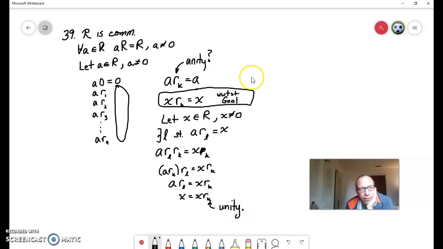Once we have that, it's actually fairly straightforward since we have this situation happening for every element in the ring. So if we take an arbitrary element, let's say y be an element of the ring. We could do a similar thing like we did with the A's here, with y times r1, y times r2, y times r3. And every non-zero element is going to show up here sooner or later.